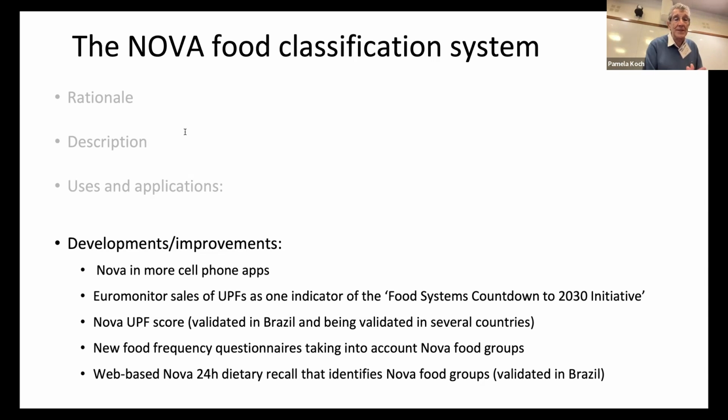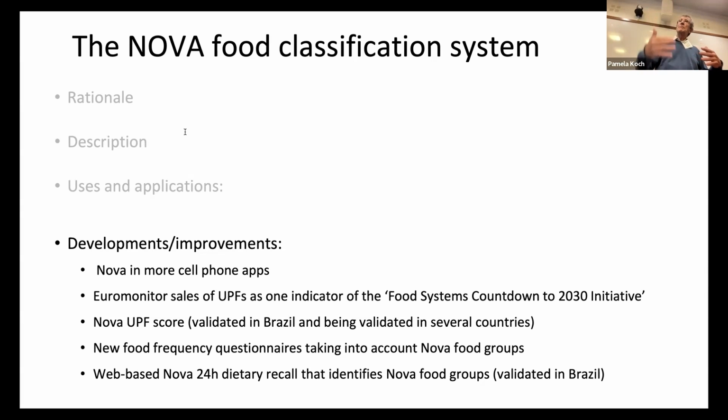There are new food frequency questionnaires being developed that take into account NOVA food groups, because food frequency questionnaires can be very complicated if they mix NOVA groups. Then you don't know how you can distribute. And finally, for one cohort we have in Brazil, the Nutrinet Brazil cohort, we developed a web-based dietary recall that is entirely self-responded by participants.